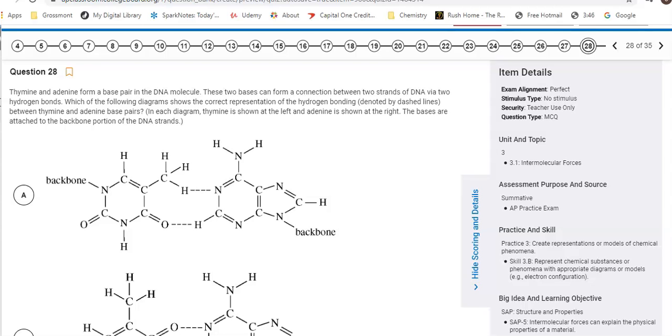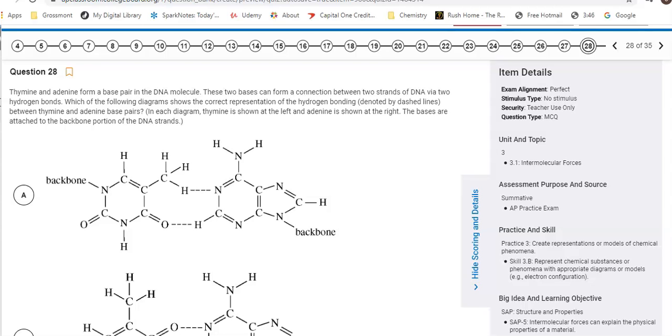It says, which of the following diagrams shows the correct representation of the hydrogen bonding? Can you recognize a hydrogen bond? Well, A, no. You see two hydrogens with the dashed lines, and yes, those hydrogens are trying to hydrogen bond with a nitrogen and an oxygen, which is permitted, but that hydrogen in its own molecule has to be attached to a nitrogen, oxygen, or fluorine, H, O, or F. It's not.